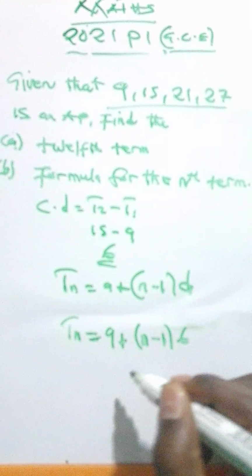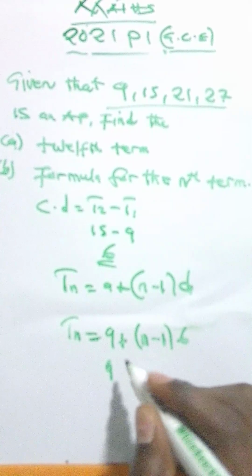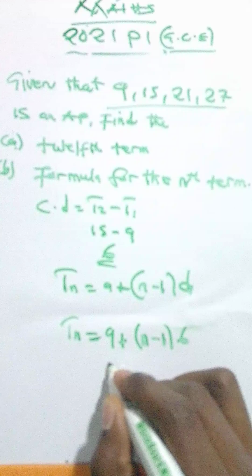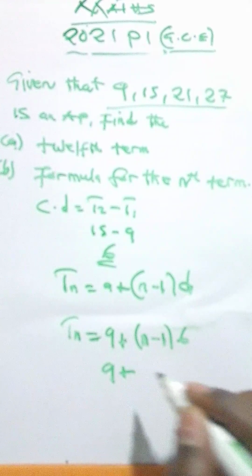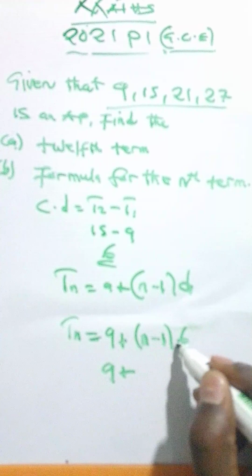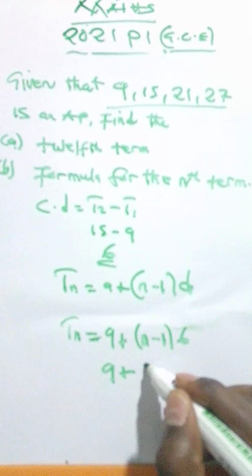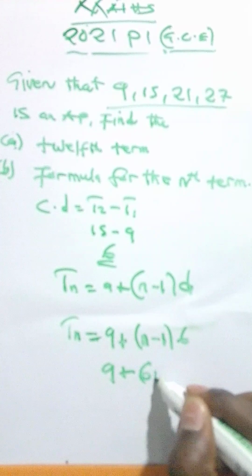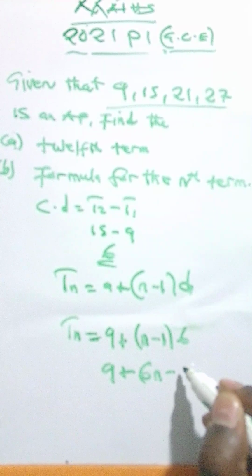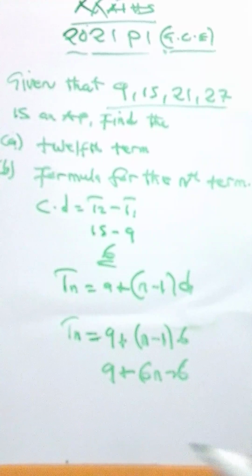Then from here we'll say 9 plus, then this 6 will multiply everything inside. So 6 times n, we are getting 6n, minus 6 times 1, we are getting 6. Then you collect like terms.